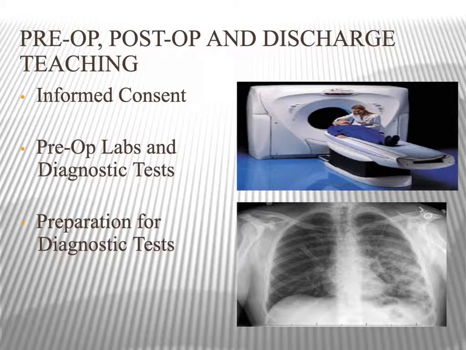If they already have an elevated white blood count and they've already got some kind of infection going on, we don't need to be going in there and cutting them open because they've already got some kind of infectious process going on. So that's why we'll do a lot of pre-op labs before we put someone under in a procedure, to make sure that they're not going to have complications with the procedure.